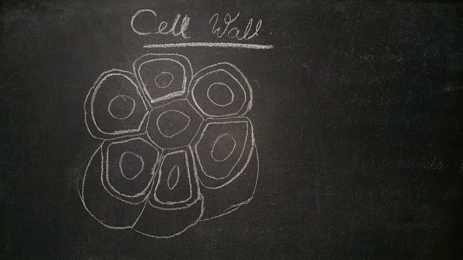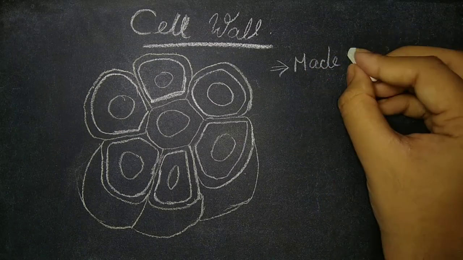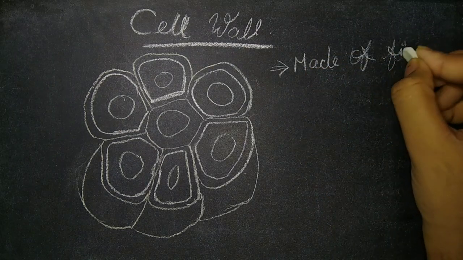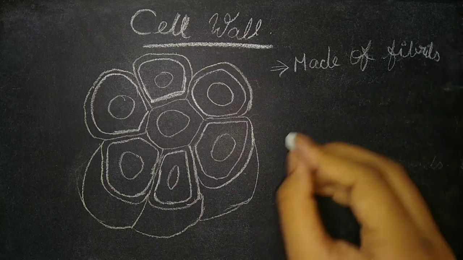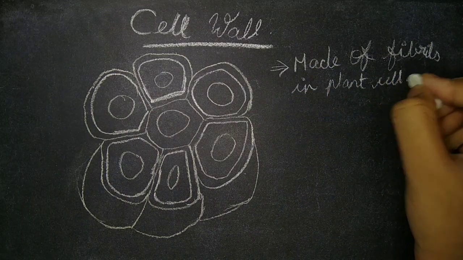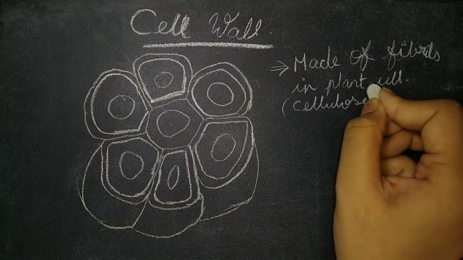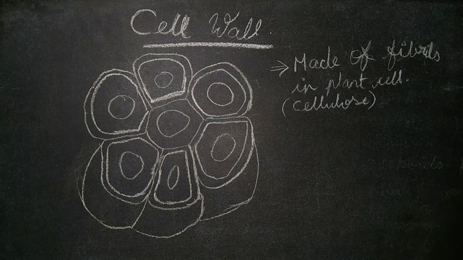It is made up of fibrils of cellulose in plant cells, and this cellulose is embedded in a matrix of several other kinds of polymers such as pectin and lignin.